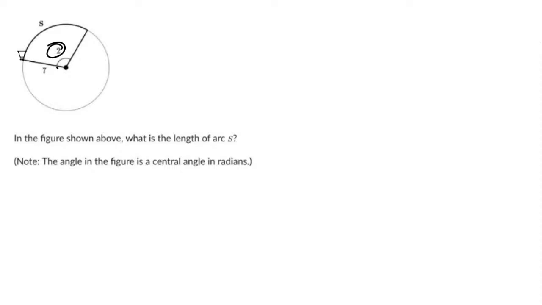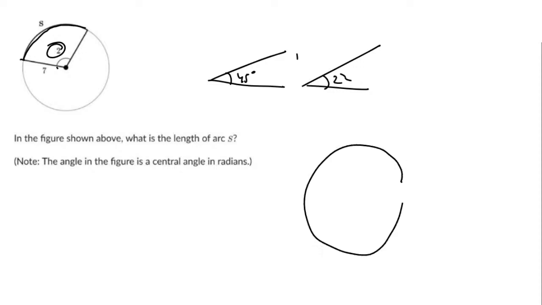Before doing that, let's remind ourselves what a radian is. We can have an angle in degrees, like 45 degrees, or an angle in radians, like here, 2 radians. Why do we write radians, not degrees? What's the difference? In a circle, this is a radius.